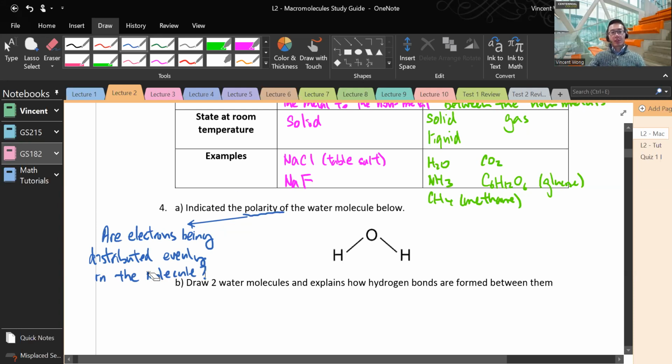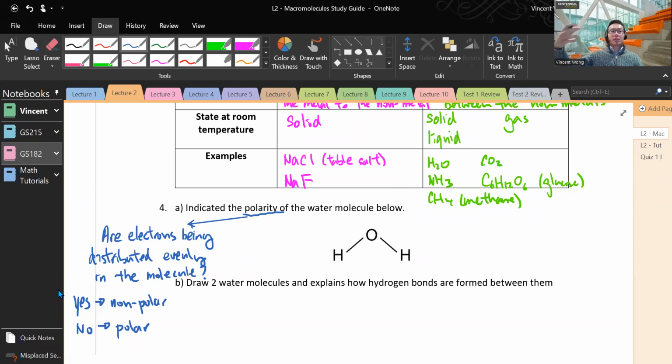If the answer to this question is yes, that they are distributed evenly, then it's non-polar. If no, then it's polar. So if electrons are hanging around more in one side of the molecule than the other, it makes the molecule polar.